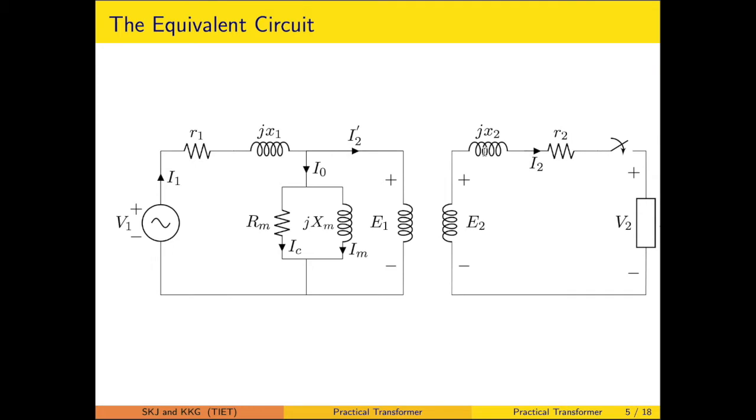Correspondingly, the secondary leakage reactance is jX2 and the secondary winding resistance is R2. Rm represents the core loss component, and jXm represents the magnetizing current component, or magnetizing reactance. The core loss and the magnetizing current are taken from the supply.